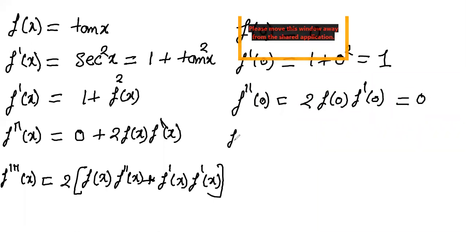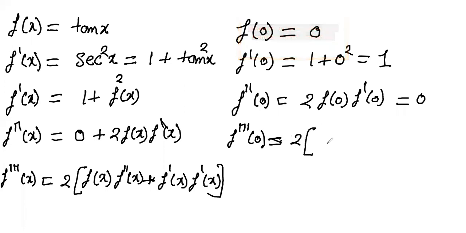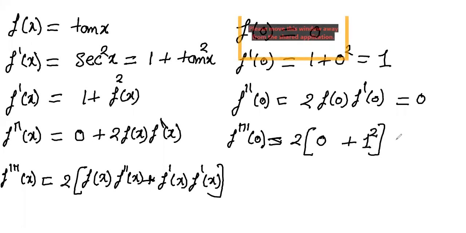F triple dash 0 is 2 into, directly I can write, f of 0 is 0 plus f dash 0 squared is 1, so this is 2.